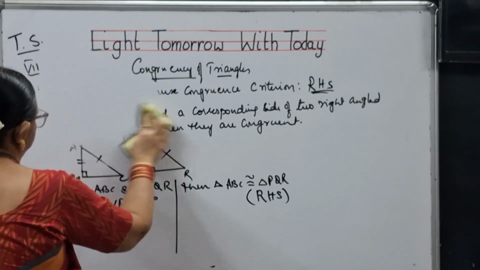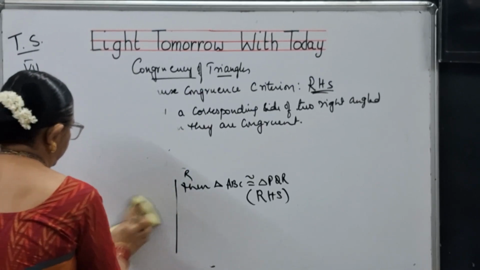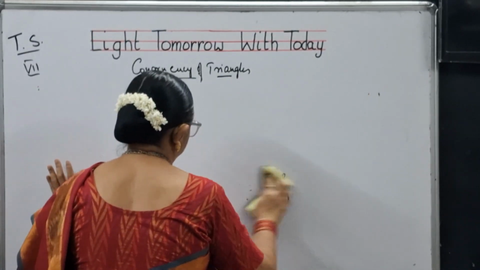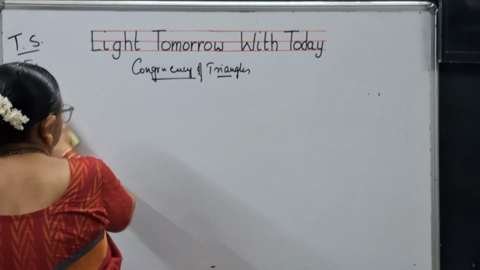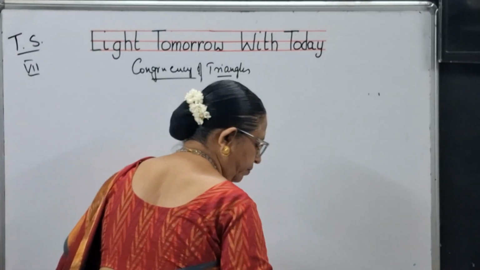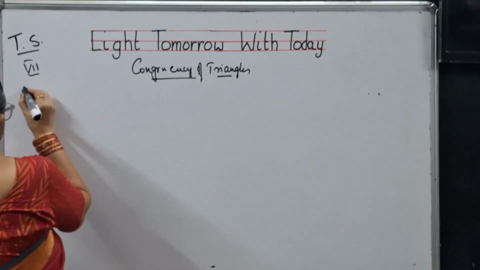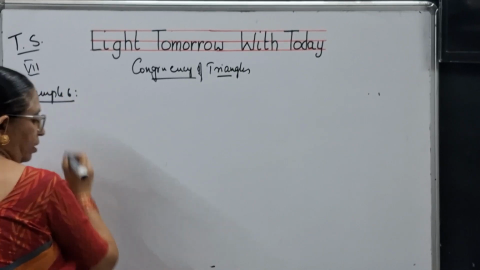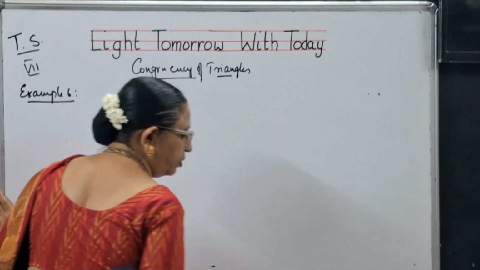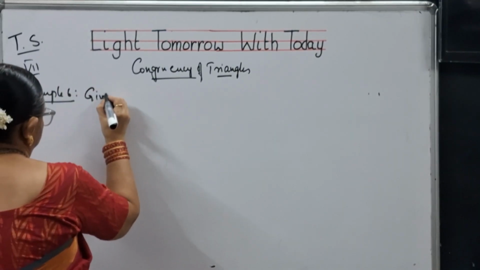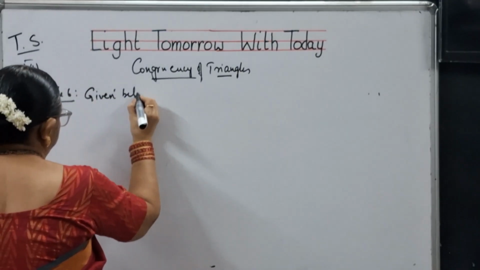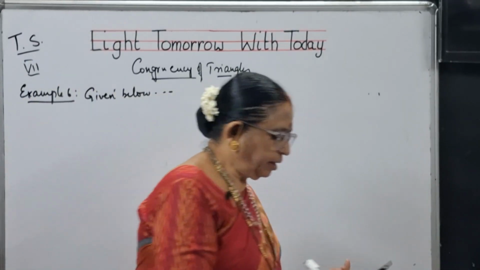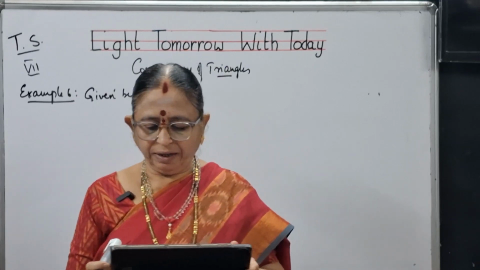Let us see the next part. Example 6. Given below are measurements of some parts of two triangles.